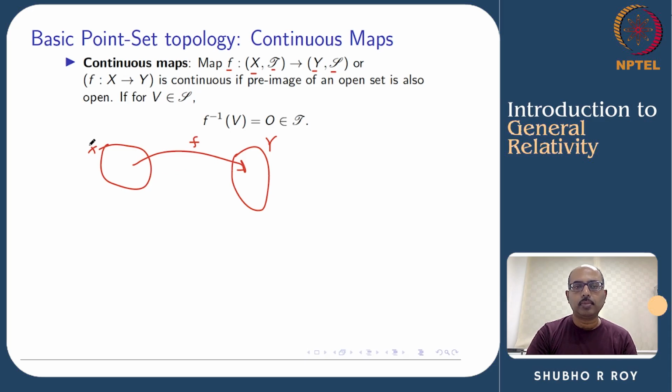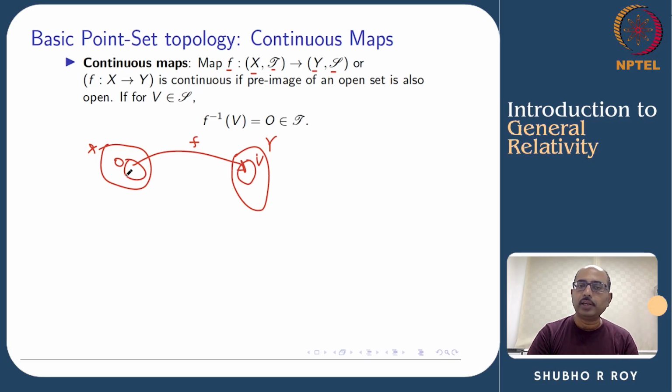What is the new feature here? First, X and Y are not just random sets; they have a topology, so they are topological spaces. And F is continuous if the pre-image of an open set is open: take an open set V in Y, and the set of points in X which are mapped to points inside V is also an open set.